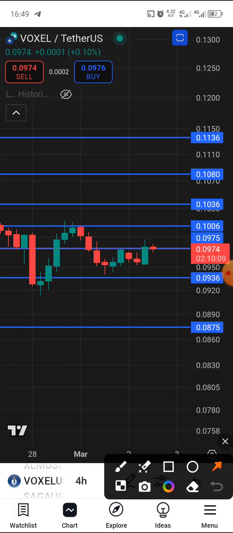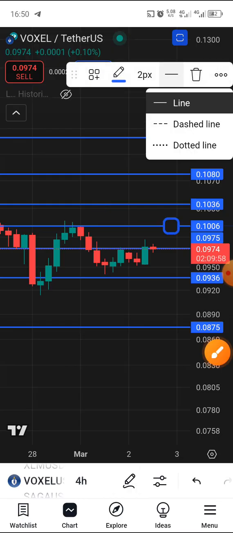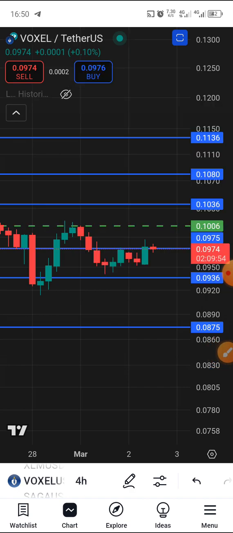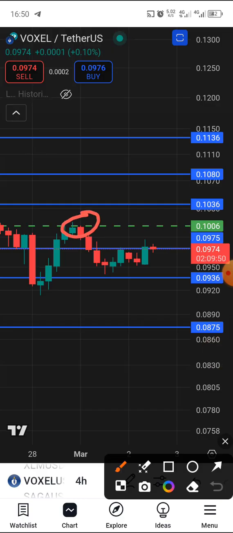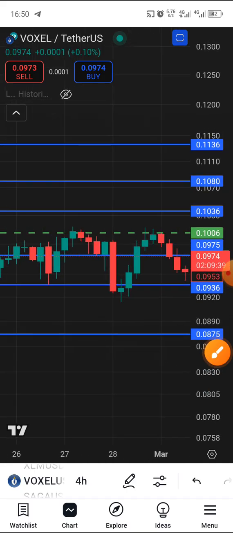You see here, now this line, let me change it in color, this line here acted as our resistance 1, because you see here the price respected there and the price failed to break through and it came downward, so that qualifies to be our support 1.